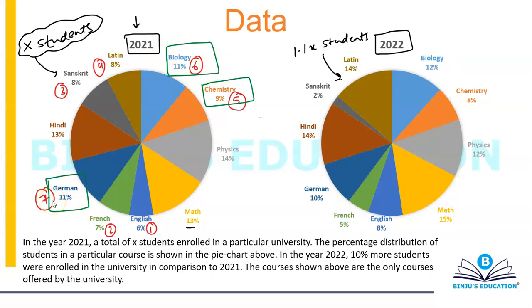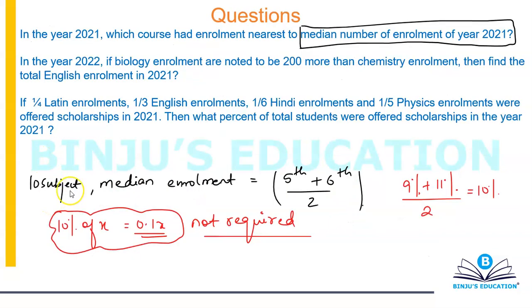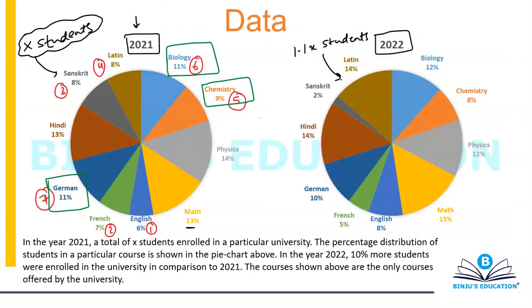So there are three courses which are nearest to the median number of enrollments of the year 2021. So I think instead of which course, it should say which course or courses. There are three courses and you can name all three of them: biology, chemistry, and German. That is all that you had to do in this question, nothing else.